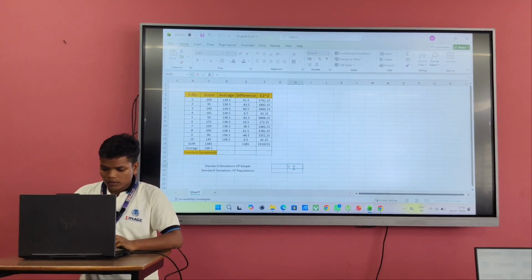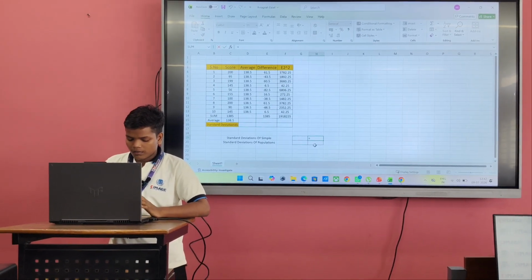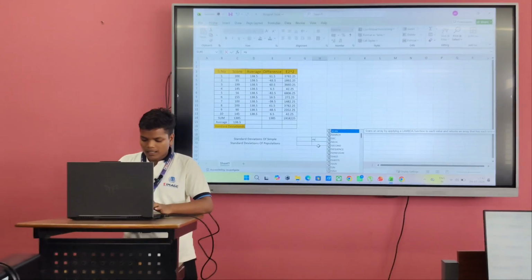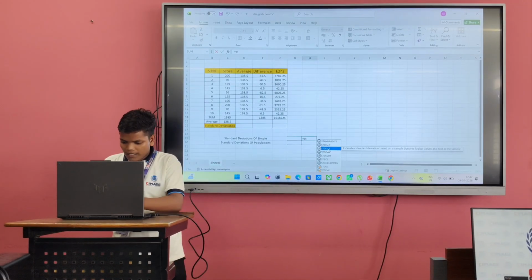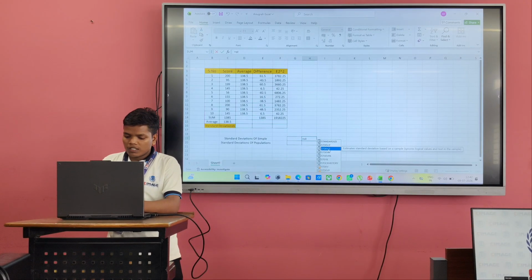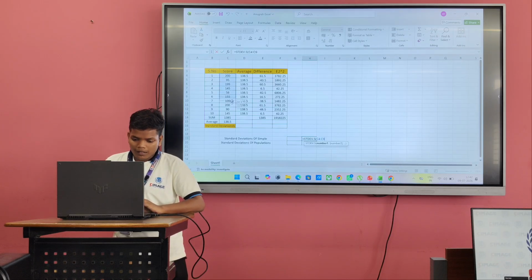And next is equal to STDEV.S, S for sample. Select this data and bracket close.